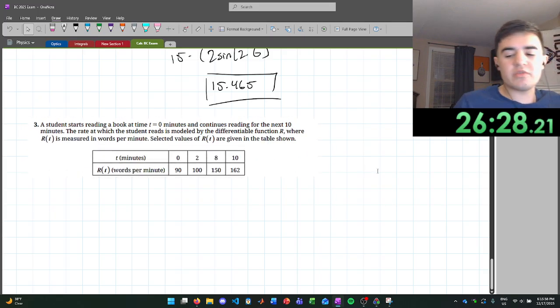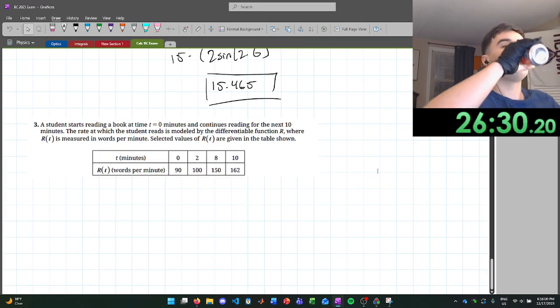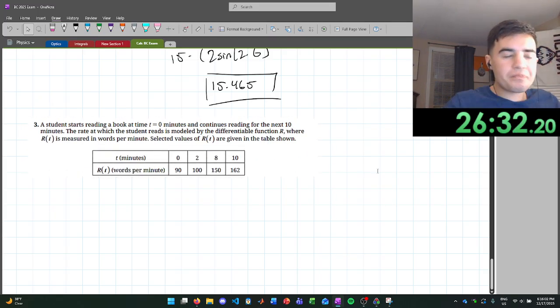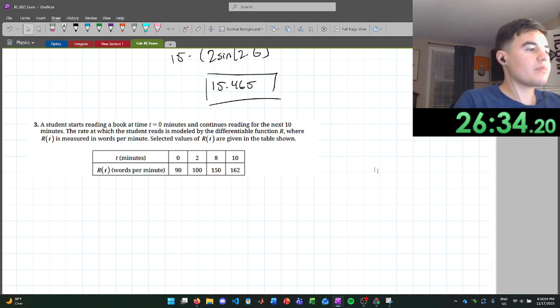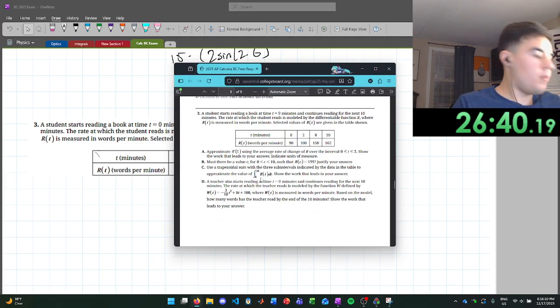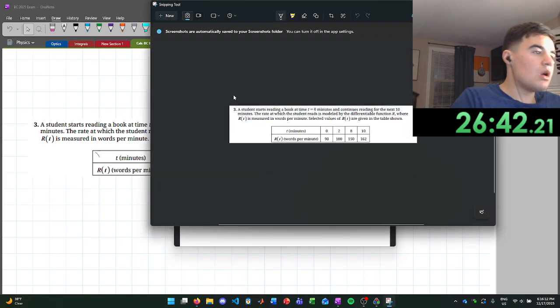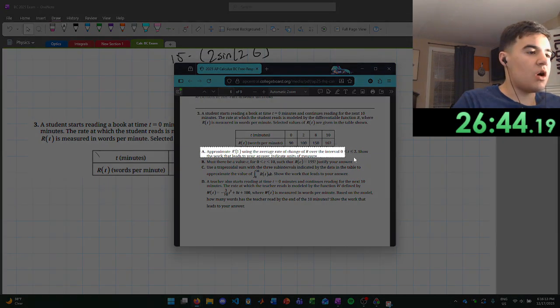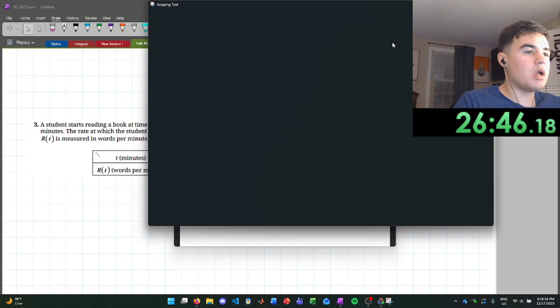So here, reading at time equals 0. The rate at which he reads is modeled by a differentiable function r. We have values of r of t. Cool. Approximate r prime of 1.